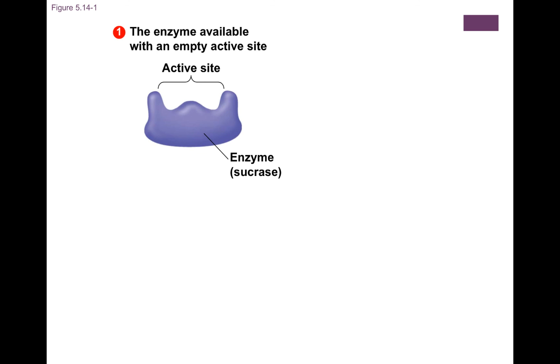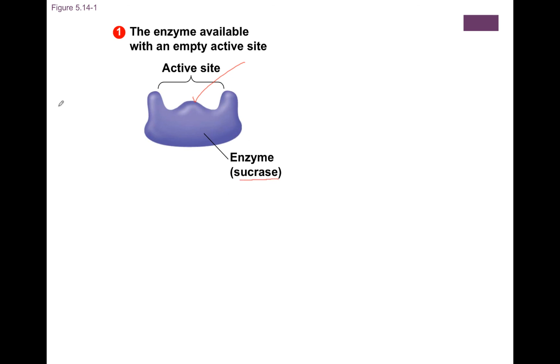Now, this is an enzymatic example. This is an enzyme called sucrase. Sucrase is an enzyme that breaks down sucrose, and this is its active site. Right there. Okay. Enzyme sucrase.